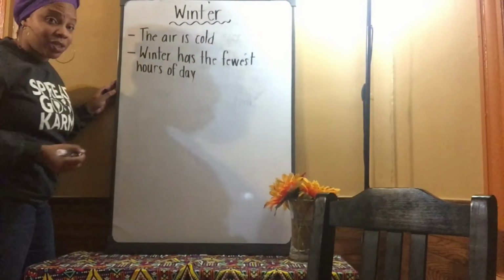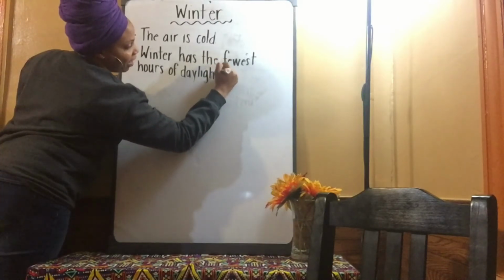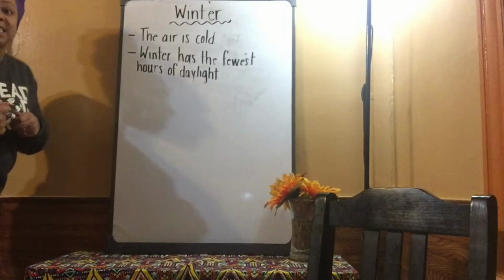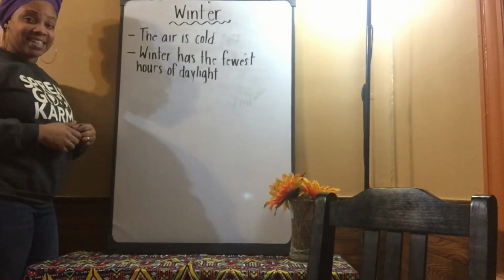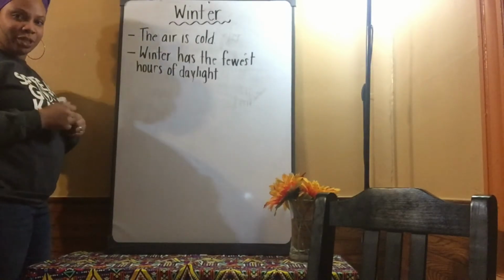That means that in winter, our days are darker longer, right? It takes longer for the sun to rise, and it sets really early. So it seems like most of our day doesn't have any daylight. It has the fewest hours of daylight during the winter.